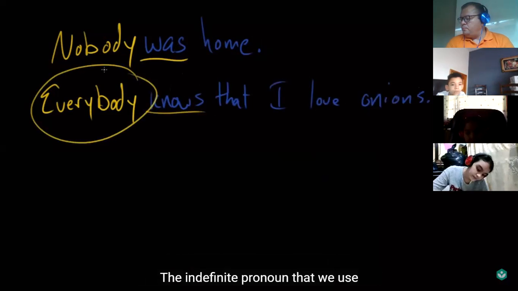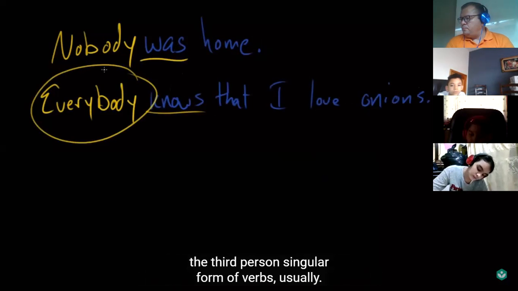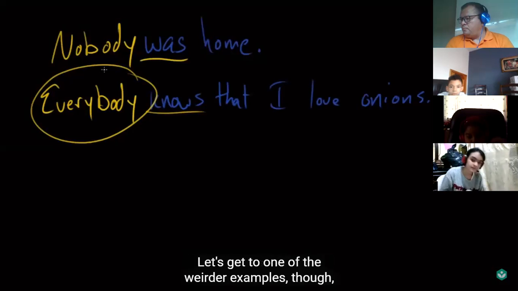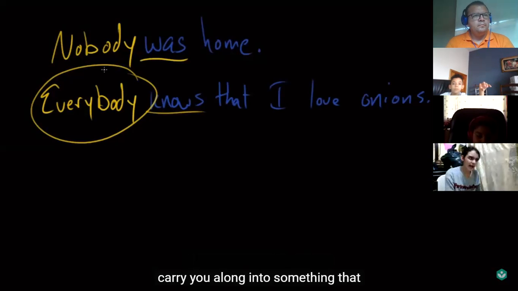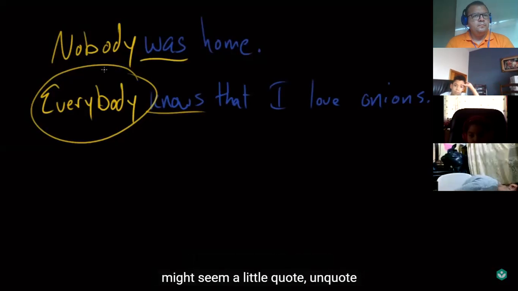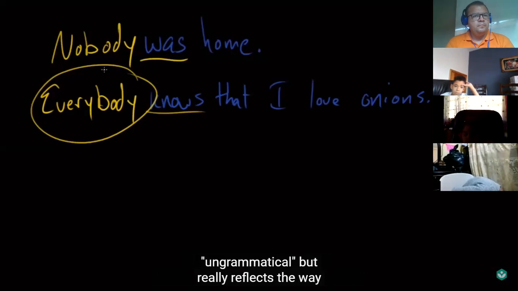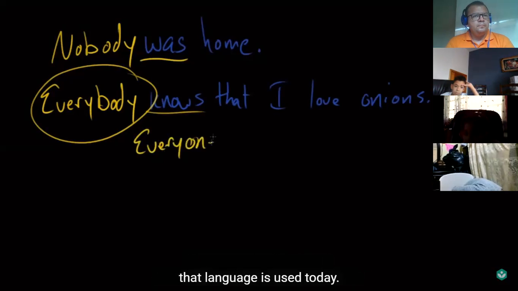The indefinite pronoun that we use to refer to everybody usually conjugates with the third person singular form of verbs. Usually. Let's get to one of the weirder examples, though. Because sometimes the context can carry you along into something that might seem a little quote-unquote ungrammatical, but really reflects the way that language is used today.